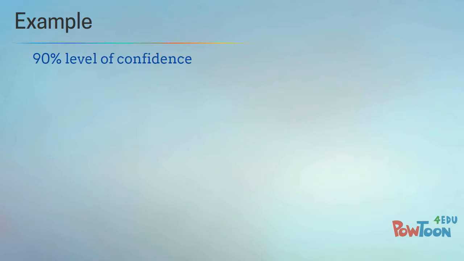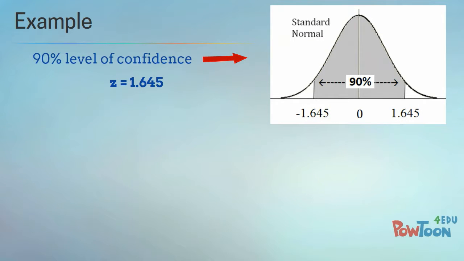For example, if we wanted a 90% level of confidence, we find that a z-score of 1.645 is appropriate, since 90% of the probability on a standard normal is between negative 1.645 and positive 1.645.